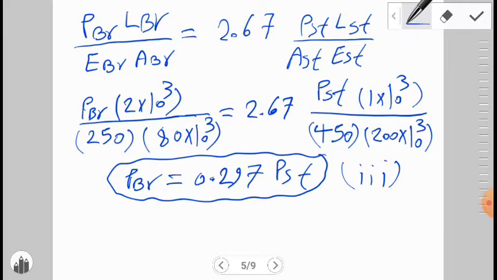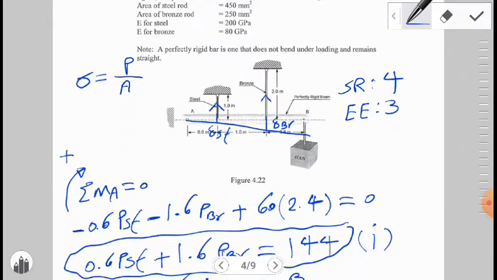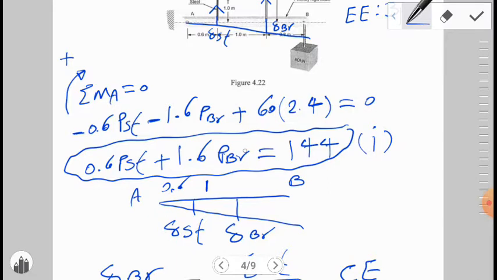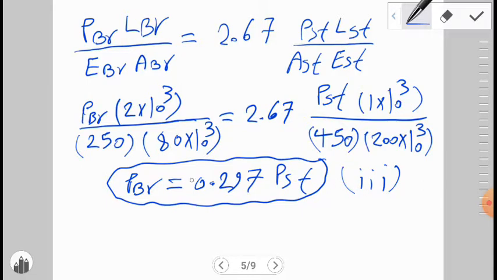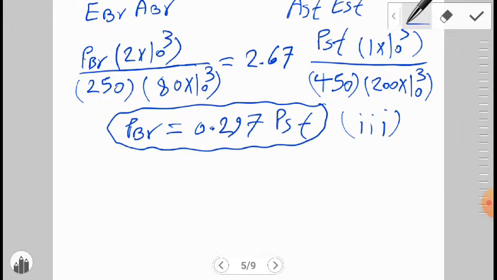Now, if we look at the previous page, we found one equation, equation number 1, based on the equation of equilibrium. Now, we have another equation, 2 equations, 2 unknowns.